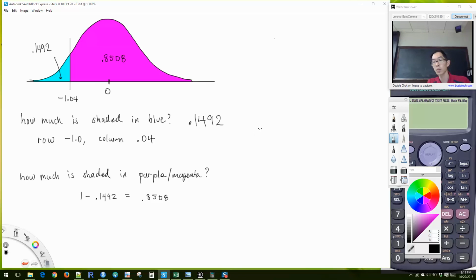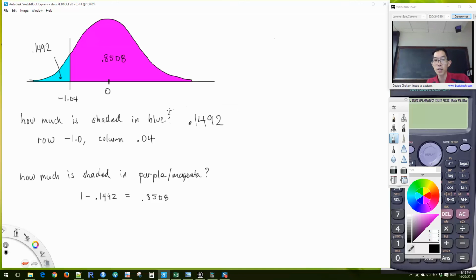Okay, so I'm going to do something very important here, and I'm going to change these questions from how much is shaded in blue and how much is shaded in purple into questions related to probability, okay?